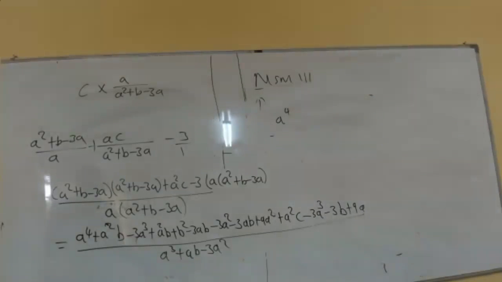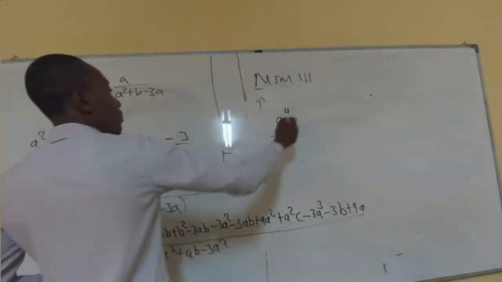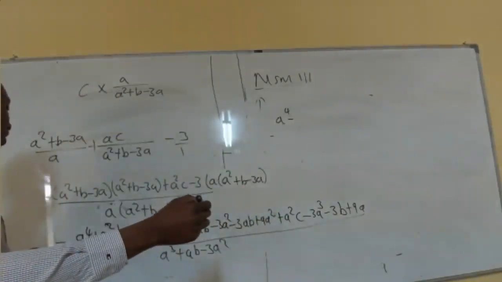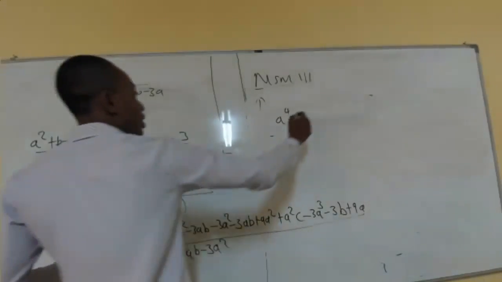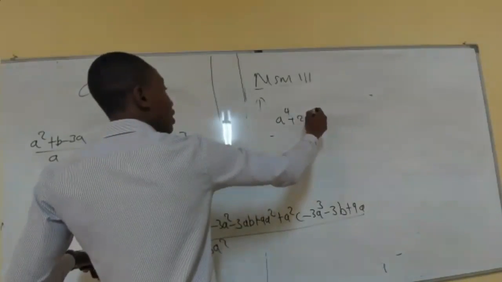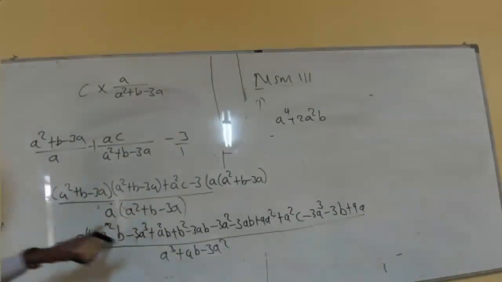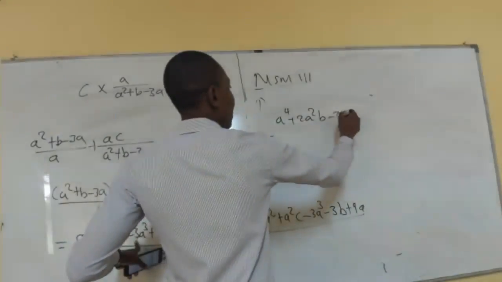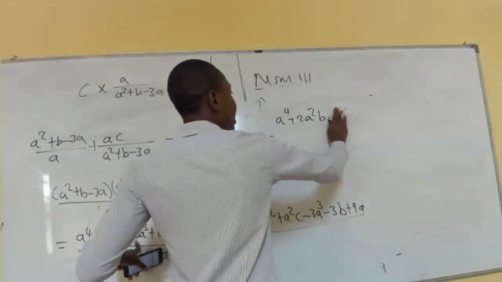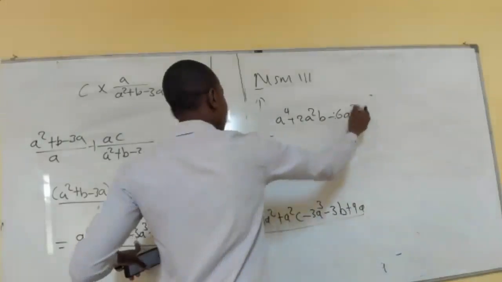Then we just collect the a's alone, in that order, or maybe let's just make it the way it looks. Minus the next one is a squared b, so it's going to be plus 2 a squared b, right? Then the next one is a cubed, so minus 3. And there are 2 actually, so we have 6 a cubed, right?